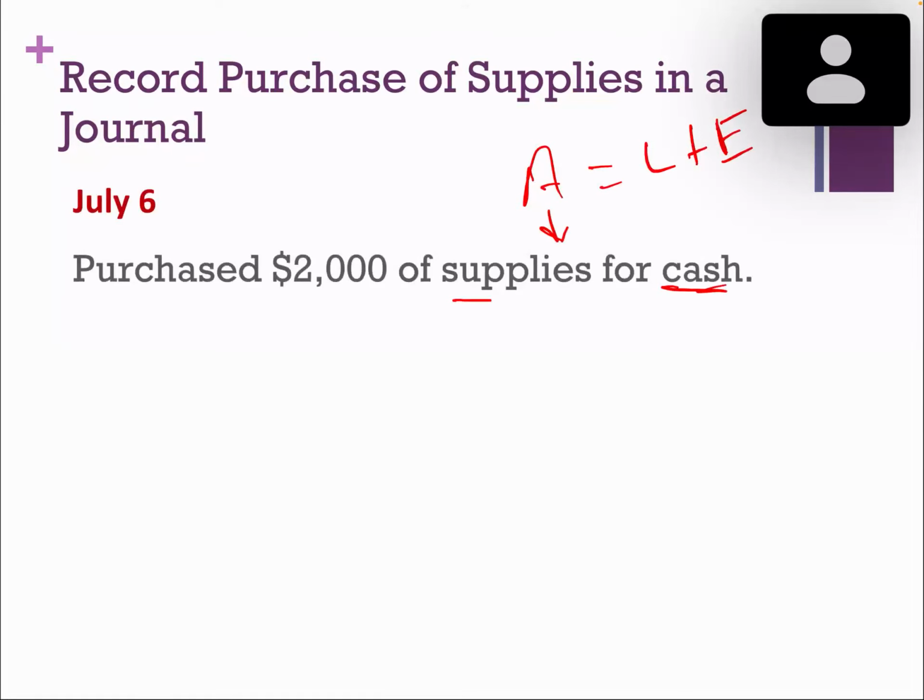But supplies, that is going to have economic value to the business moving forward, right? And so that's the definition of an asset. So our assets are going down, but our assets are also going up. To get our assets to go down, we credit that account, cash. To get our assets to go up, we debit that account, supplies.